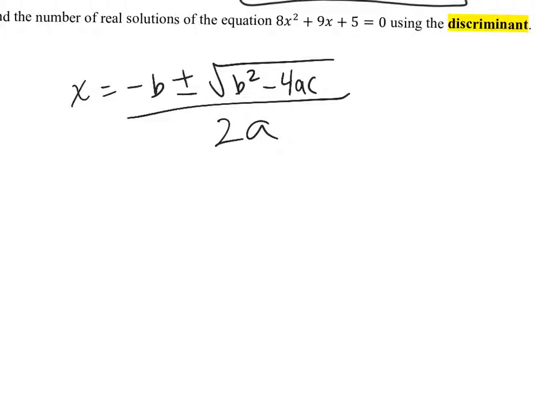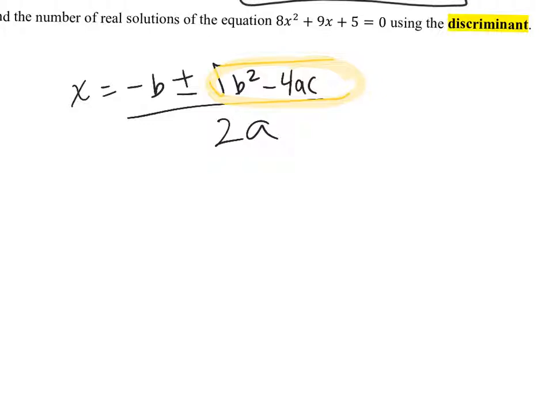The square root, right? If the inside was negative, it would say I have no solution. If the inside was positive, when I take the square root of any positive number, I have two solutions. If the inside was equal to 0, you can only have one square root of 0, which is 0. And because you can only have one square root, it means you only have one solution.